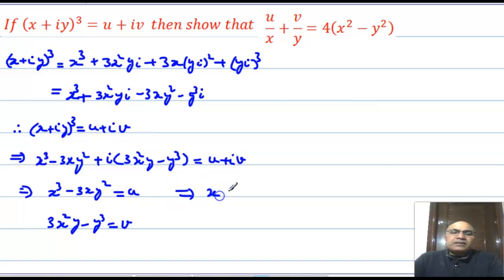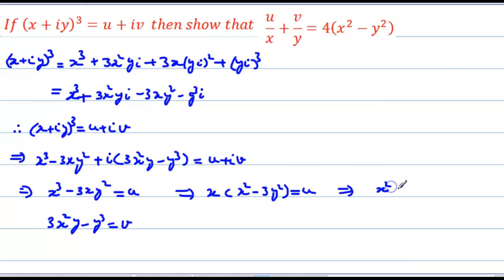This implies x common, x square minus 3y square equals u. This implies x square minus 3y square equals u upon x. Similarly, we have y times (3x square minus y square) equals v.